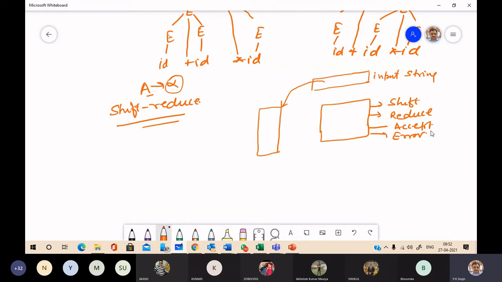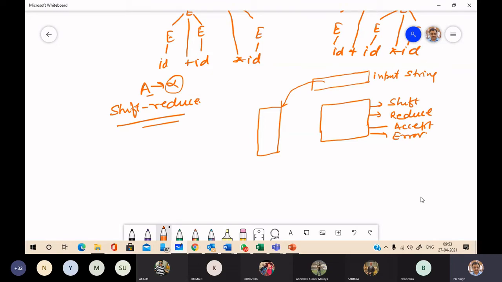On the basis of the current input symbol and stack position, it will decide the action. It is either shift, or reduce, or accept, or error.